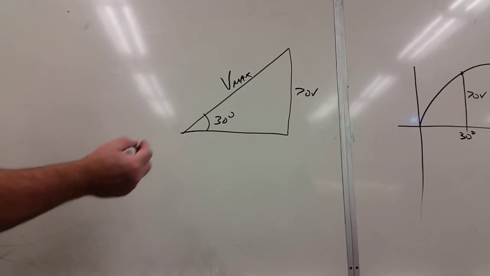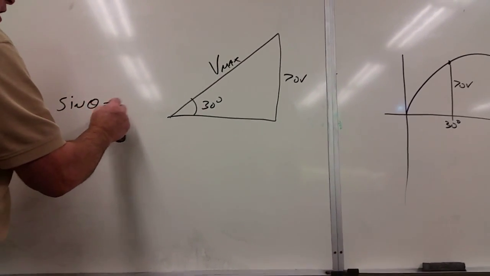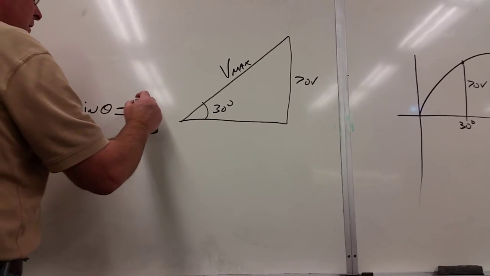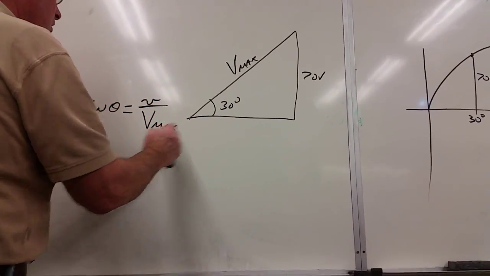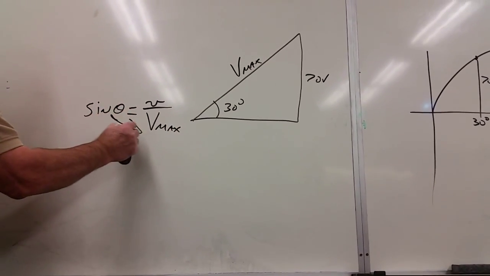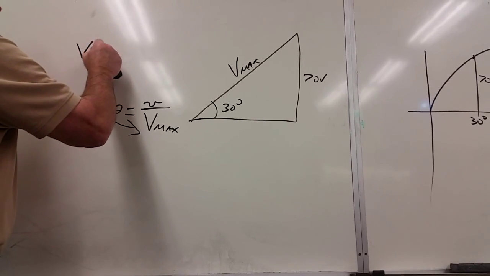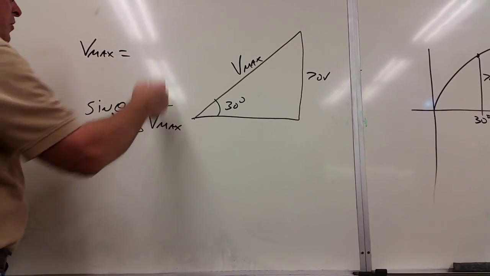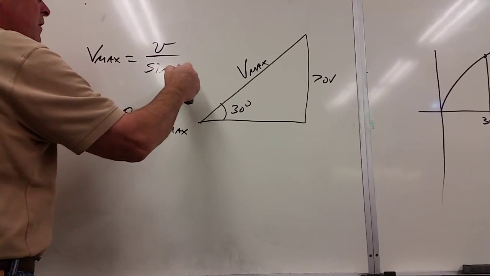And so we can use sine of theta equals instantaneous over Vmax. So we just have to swap these, right? So Vmax equals instantaneous over the sine of theta.